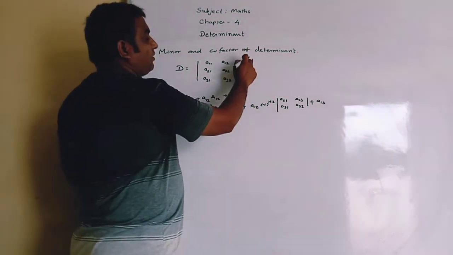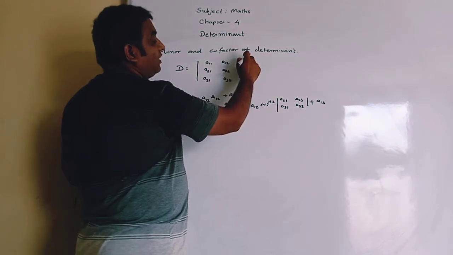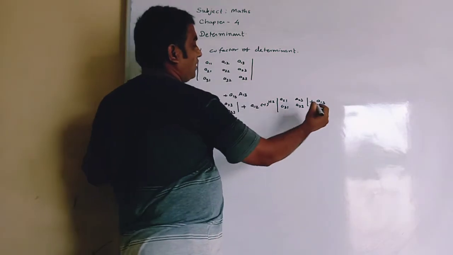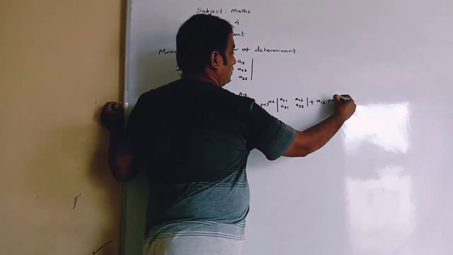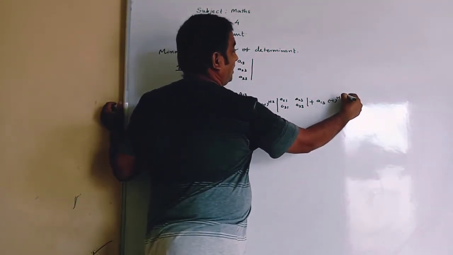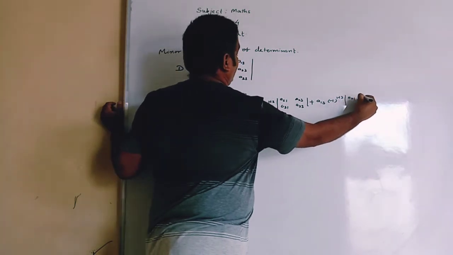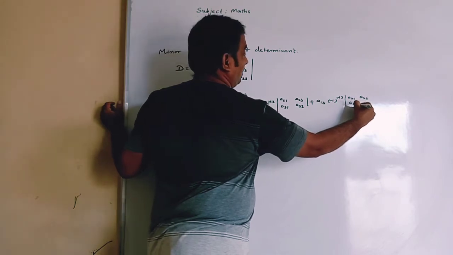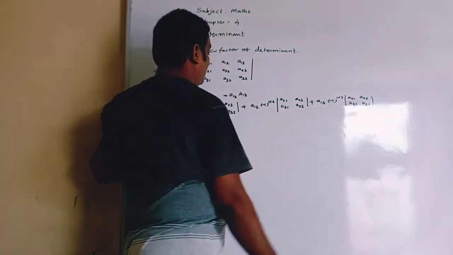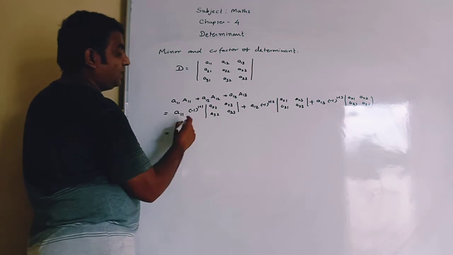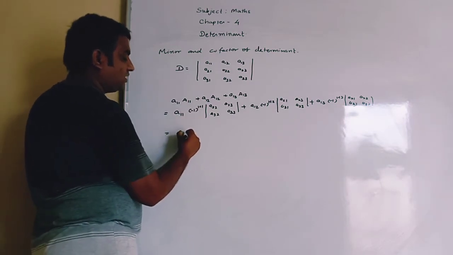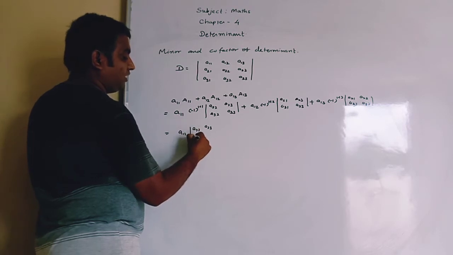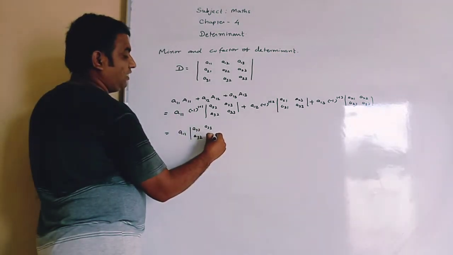So the cofactor of a13 we want to find out, so we remove the third column and first row, then we get a21, a22, a31, a32, with minus 1 raised to 1 plus 3. So here we can see that minus 1 raised to 2 gives us a11 times the minor a22, a23, a32, a33.